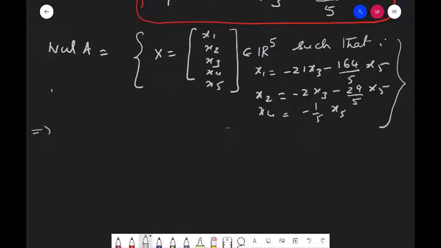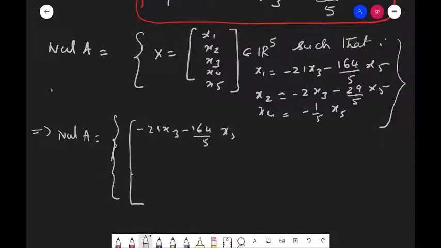So that implies I can say null A is equal to the set containing the vector, x1 means minus 21 x3 minus 164 by 5 x5, and x2 is minus 2 x3 minus 29 by 5 x5, and x3, sorry, x3 is a free variable, and next one is x4 is equal to minus 1 by 5 x5, and then x5 is x5.